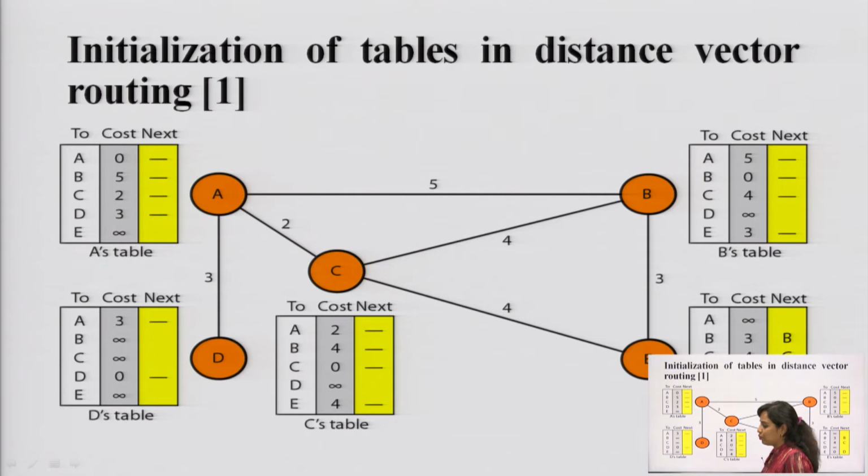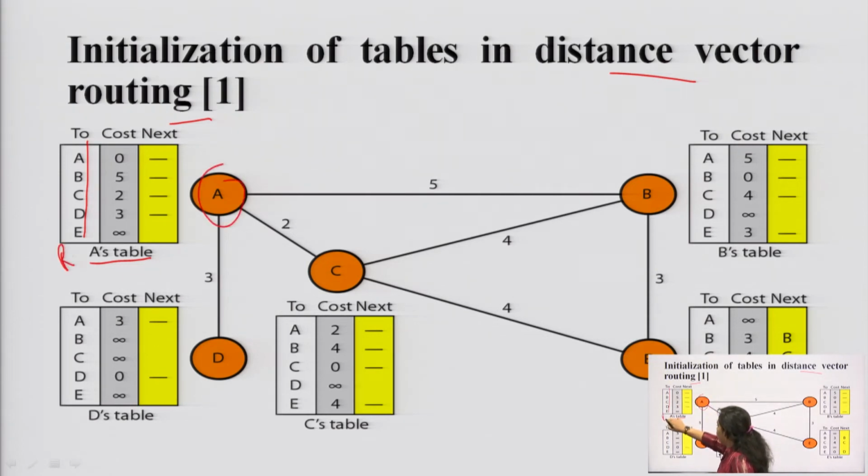Next one is initialization of the tables in distance vector routing. This is the case when an initialization table will be maintained, like this is the A's table, where A is the transmitter, these are the receivers and this is the cost.